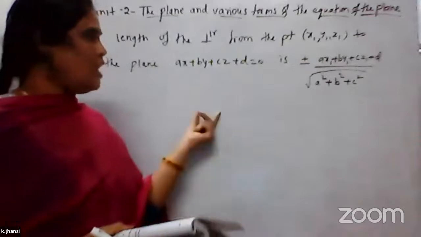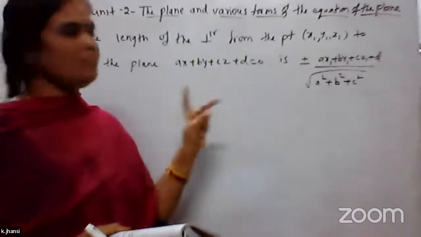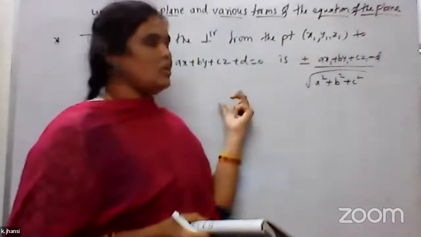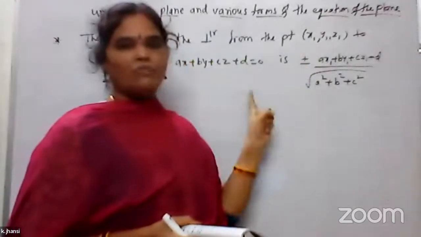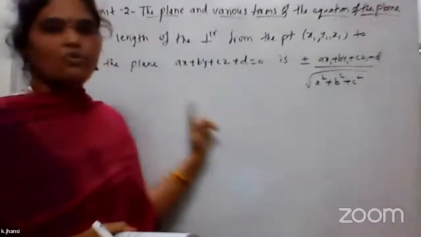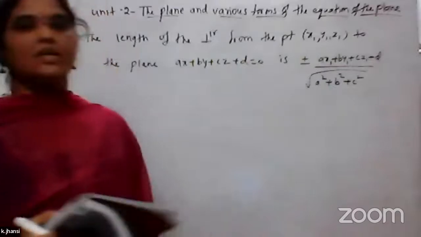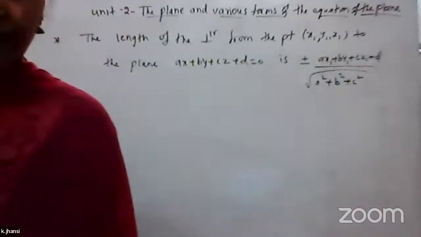So with the help of this, we can find the perpendicular when two plane equations will be given. And this plus or minus sign is there, no? When you add, you'll get one equation. When you do the subtraction, you'll get another equation. Then we have to find the angle between those two planes, and you have to see whether theta is making an acute angle or an obtuse angle.